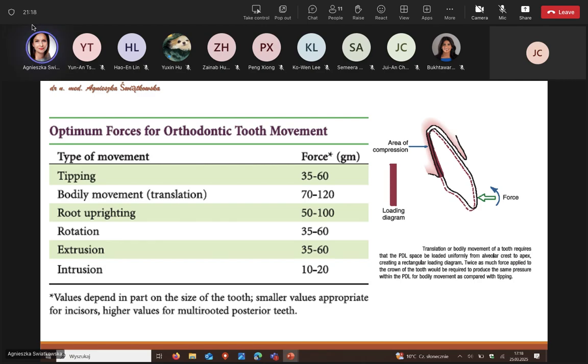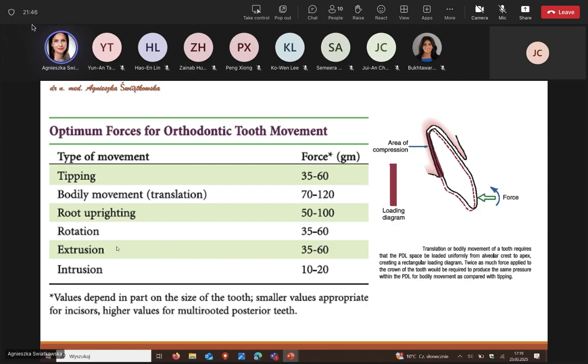In this situation, we need more force, and this kind of movement we can achieve only when we use fixed appliance with braces. Root uprighting. It's also a kind of movement. We don't talk about this a lot, but now we have rotation, extrusion, intrusion.